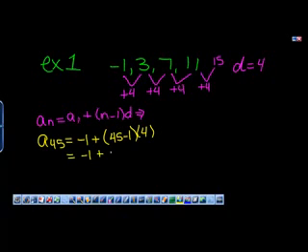Negative 1 plus 45 minus 1 is 44. Multiply that by our difference of 4. We have negative 1 plus 176, and we will get 175. That was much faster using the formula than it would have been had we just added 4 40 more times.